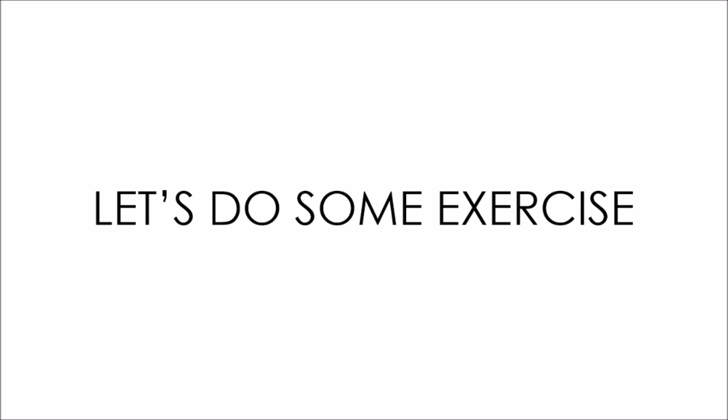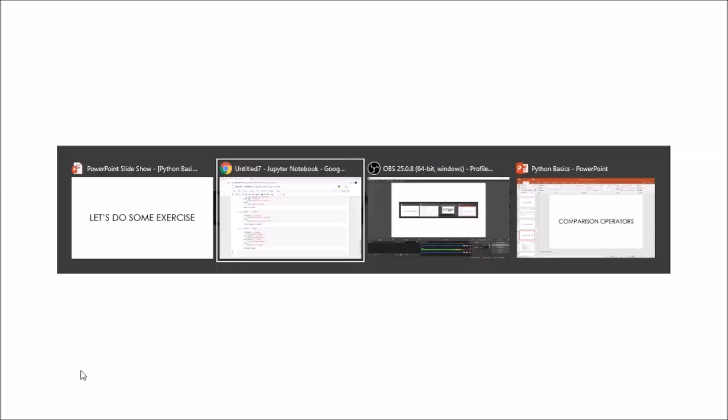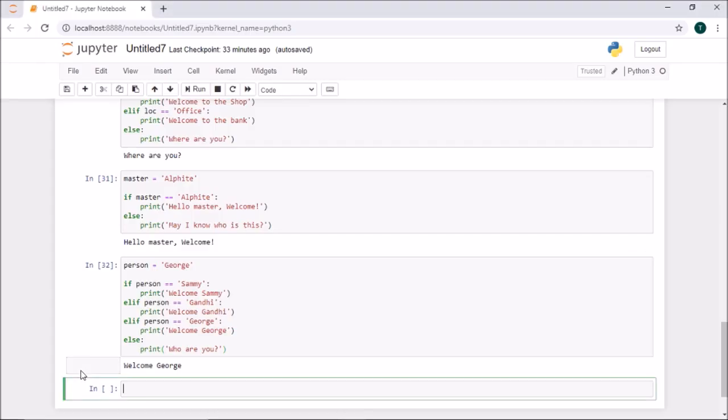Let me go back to my Jupyter notebook. So let's do for loops. What is a for loop? The basic thing, if we say for loop, you should think of iteration. How much iteration I'm doing, that is only used for loops.